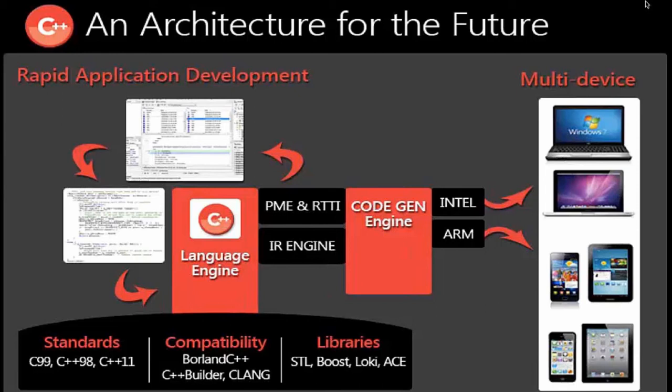So that's the basic architecture that drives the whole tool chain all the way to deploying on a particular device, whether it's based on Intel or ARM, as well as features like find references using this language engine based on Clang.